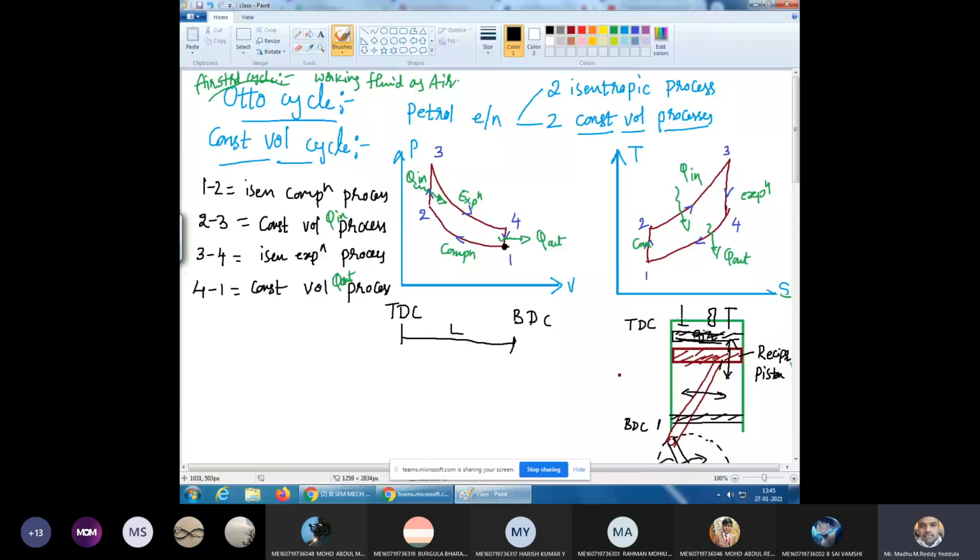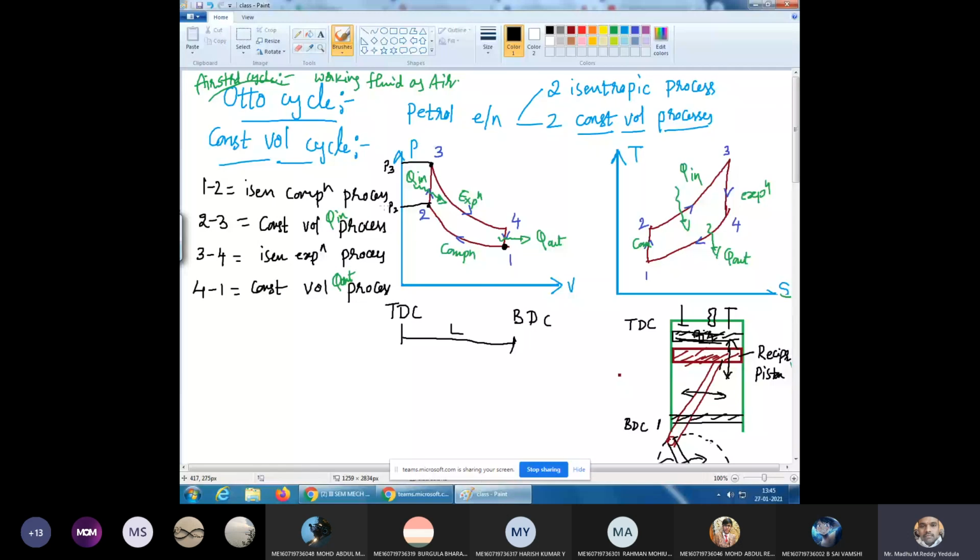There is no spark plug here. So what do we have? We have a diathermic wall and a source. I keep the cylinder head in contact with the diathermic wall and the source. Therefore, heat is added at constant volume. State 2 corresponds to the pressure P2 at which heat addition starts, and state 3 corresponds to the pressure at which heat addition stops.